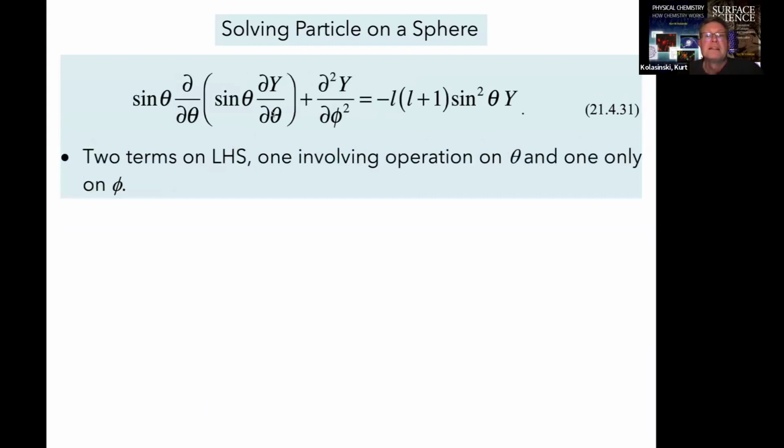All right, so we've got a left-hand side and a right-hand side. And we've got one term over here that only depends on theta, one term that only depends on phi.